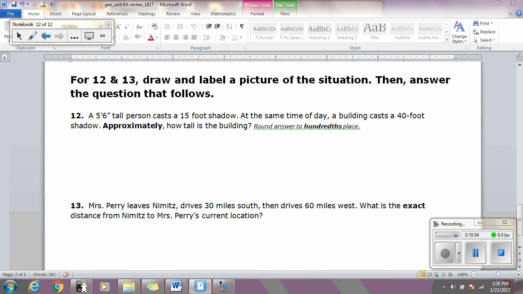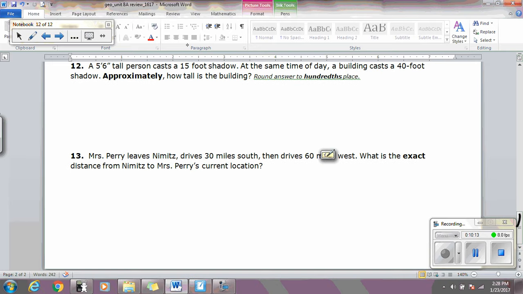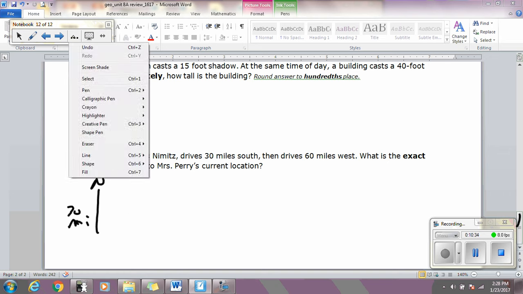And our last question, number 13, says that Miss Perry leaves Nimitz, drives 30 miles south, and then drives 60 miles west. So here's Nimitz. So go south, that's down 30 miles. And then west. So I probably need to relabel this.